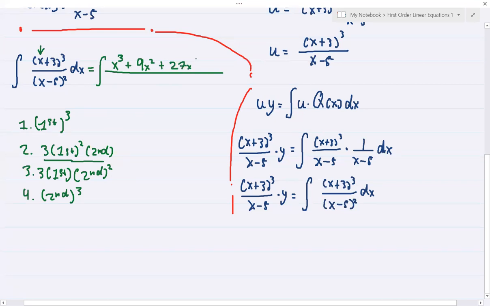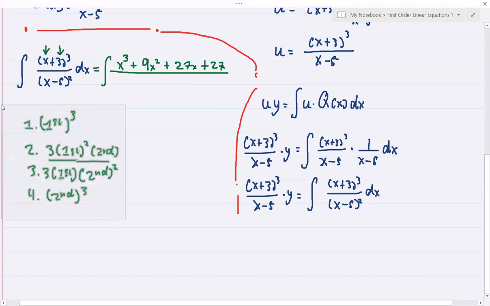Yeah, 27x, because 3 times 9. Then last, you're going to cube the second term. The cube of the second term is 27. So that's it. That's how you do it if you're going to expand a cube of a binomial.